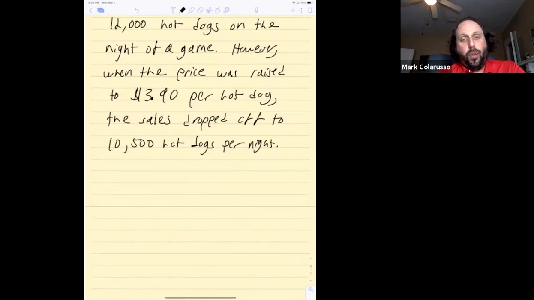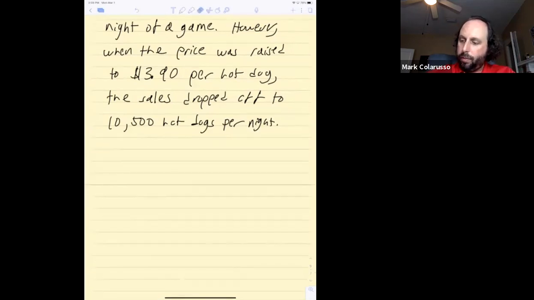The question is, what's the right balance? These two things are fighting each other. How do we maximize our revenue in this situation? What's the right price to get the right level of demand for maximum revenue? That's what we're going to play with in this example eventually. That's the second part of the question, but first we have to understand a demand function.